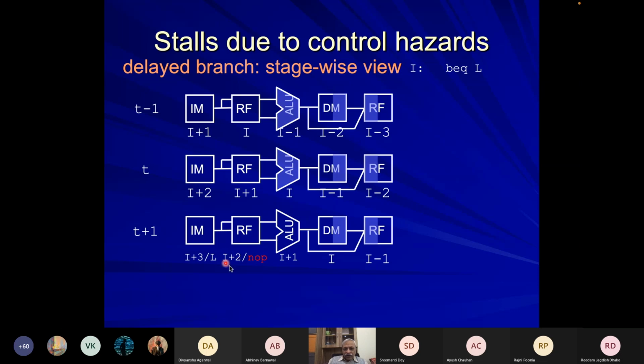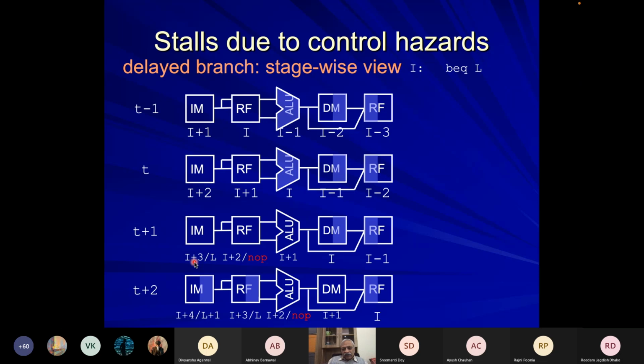If the branch is not taken, we continue with I plus 2. But if the branch is to be taken, then this is abandoned, and we have a no-op here. And the next will be fetching L or I plus 3. So in this case, if the branch is not taken, no delay. If the branch is taken, then there is a 1 cycle delay. So you can see that you have cut down the delay even further.